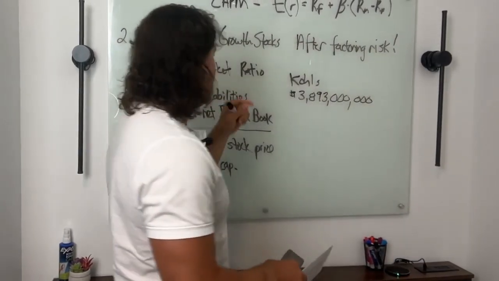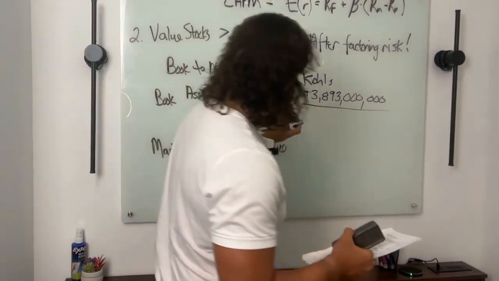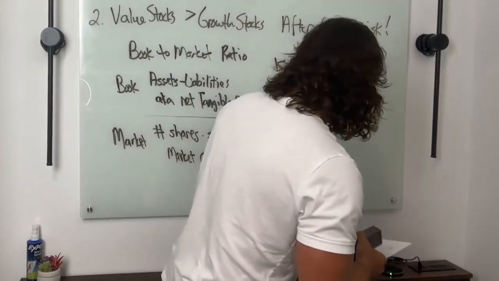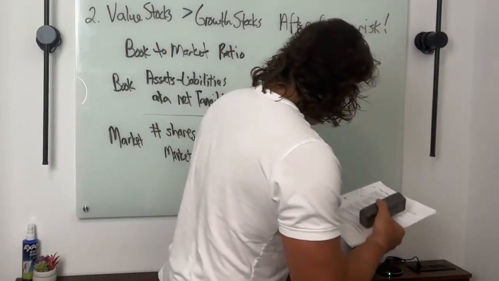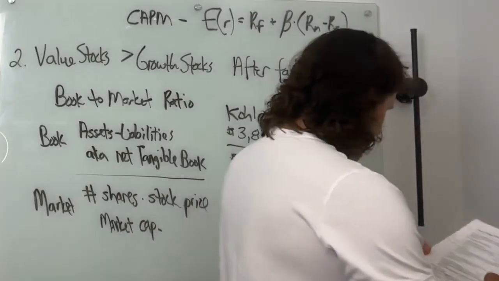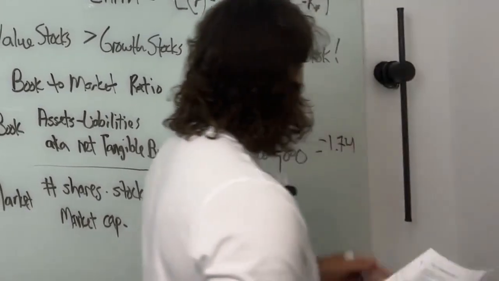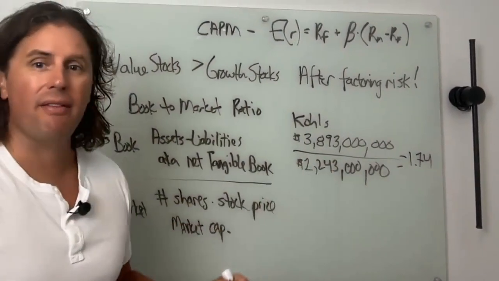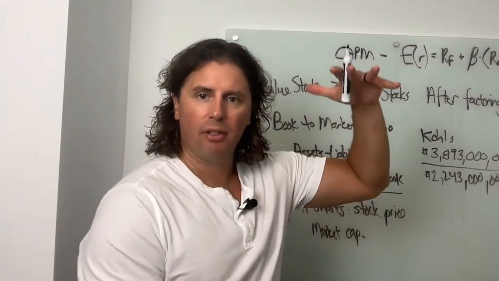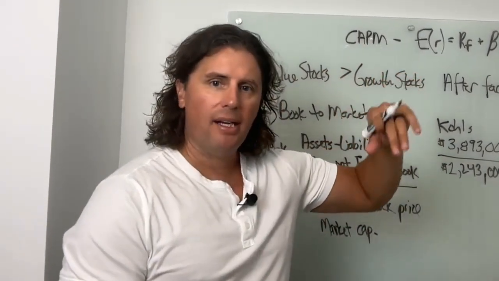There's their net tangible book value, and their market value was $2,243,000,000. And it looks like we have a ratio of 1.74, did a little rounding there. 1.74 is the ratio. And so what we're doing is we're going to stack up whatever stocks that we are analyzing.